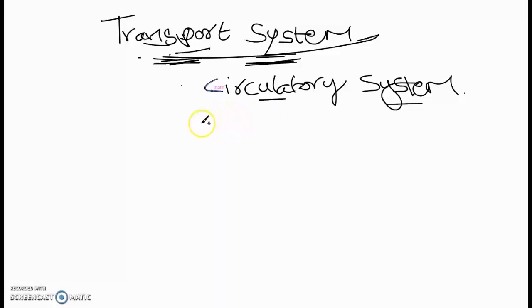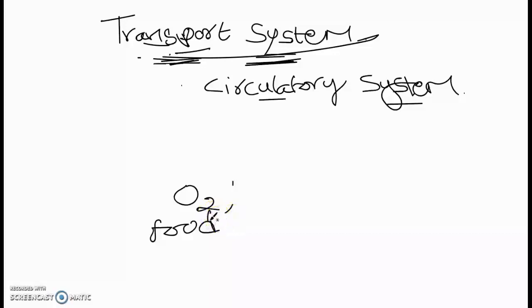If you take the human body, we belong to the multicellular category. That is, our body is very complex, and it's made up of an innumerable number of cells. So we are multicellular organisms, and every cell requires the basic components. Every cell requires oxygen. Every cell requires digested food for the sake of energy.